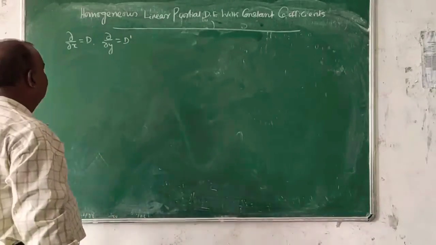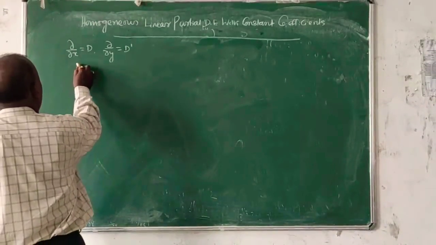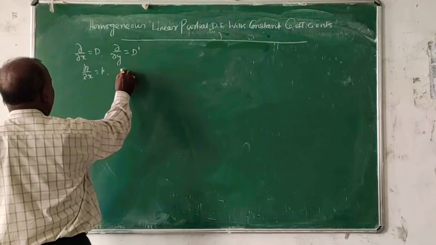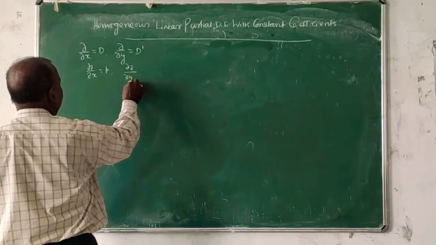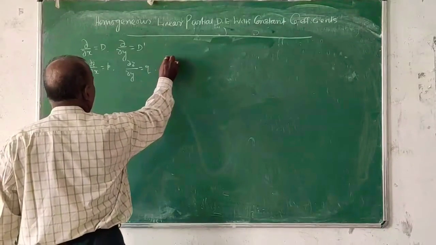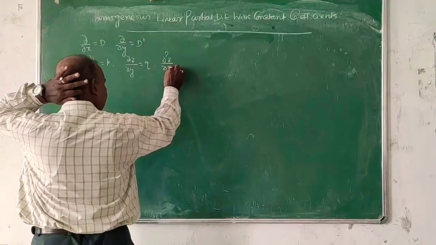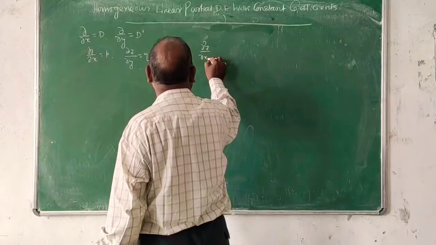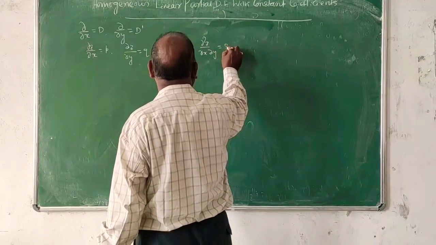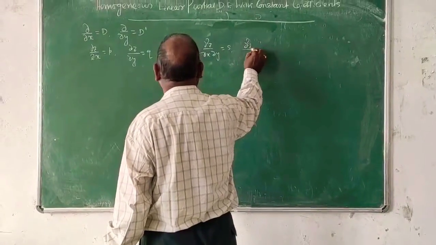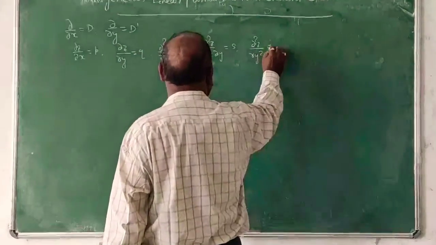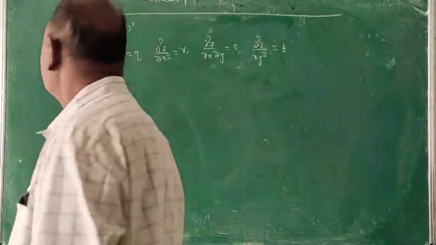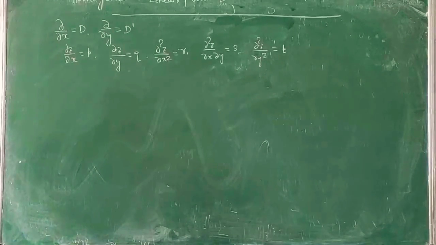Symbolically, del z by del x is small p, del z by del y is small q, del square z by del x square is r, del square z by del x del y is s, and del square z by del y square is t. These are the symbols, or abbreviations, for this. So you have to take it like that.